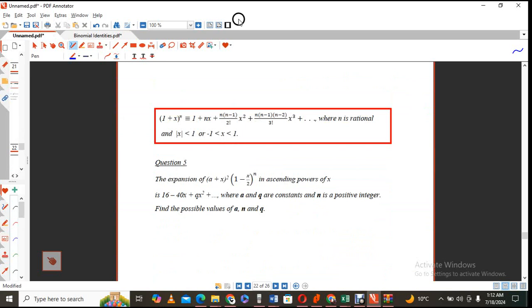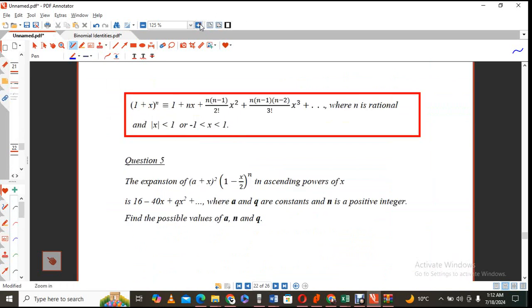I can make it a little bit bigger so that you can see. That is the question over there. So you can print screen or take a picture of the screens, write it down, and then try it. Then tomorrow I will have a look at that. Good.